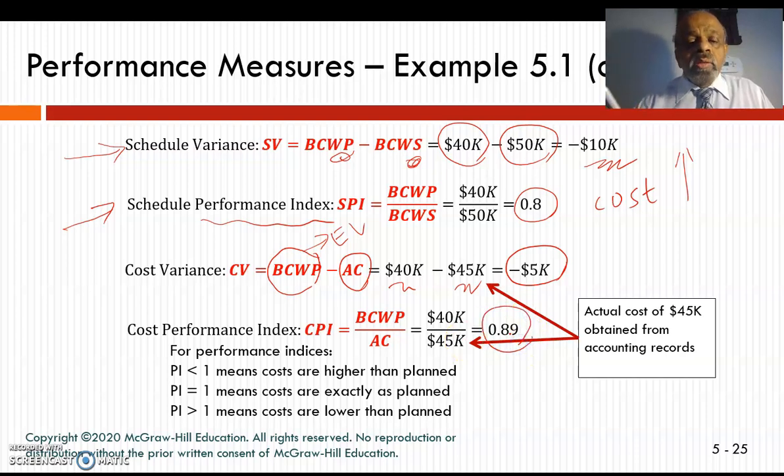So in general, anything less than 1, like 0.89 or 0.8, means costs are higher than planned, because you're always comparing it to what is planned. Why? Because you have told your management, this is the budget. The planned money is the budget.